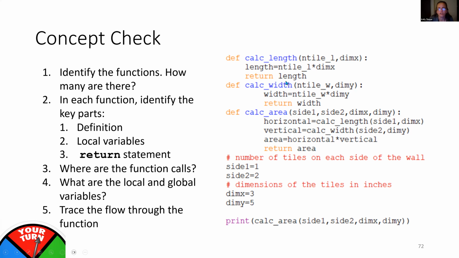I'll just call your attention to the idea that we have this calc area, which has a function call inside of a function. Here's another one that has a function call inside of a function. Finally, we'll get the area here. So you'll be tracing this all through to figure out where the pointer goes and also what the value of each of these is going to be.